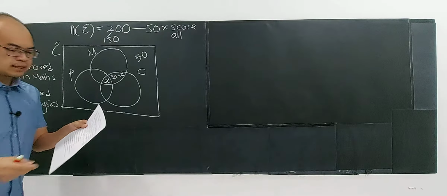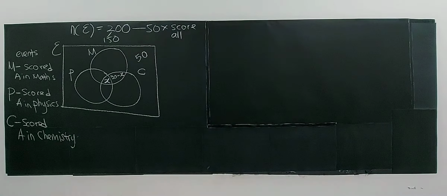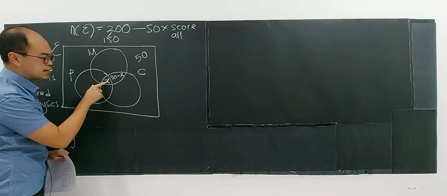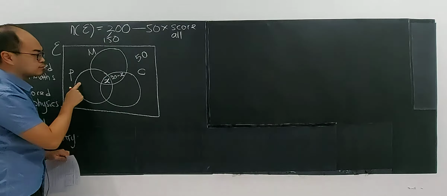Mathematics and physics is 50 in total. Some are scoring 3 subjects, mathematics, physics, and also chemistry.